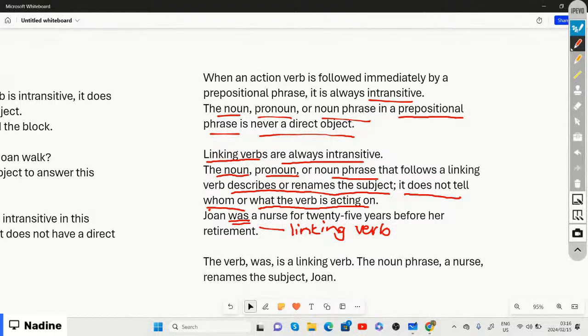And the noun phrase, a nurse, renames the subject Joan. We can either say Joan worked for 25 years before retirement, but in this case we're saying Joan was a nurse for 25 years, which means that we are renaming the subject. So Joan was the subject and we're renaming it to a nurse.